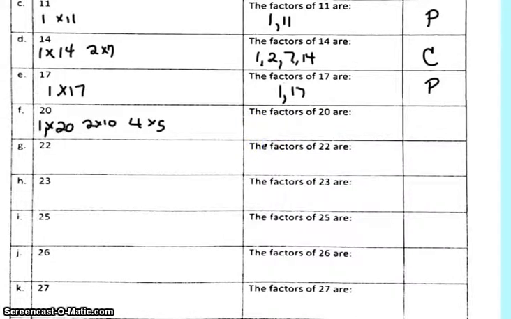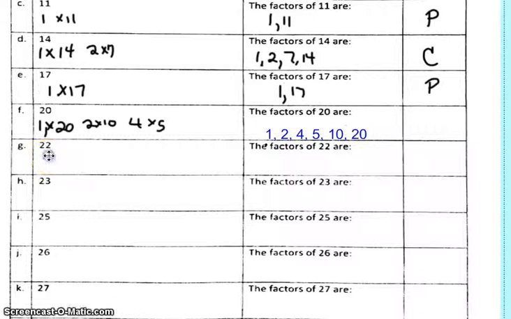We can put them in order. So they are 1, 2, 4, 5, 10, and 20. So those are my factors of 20.